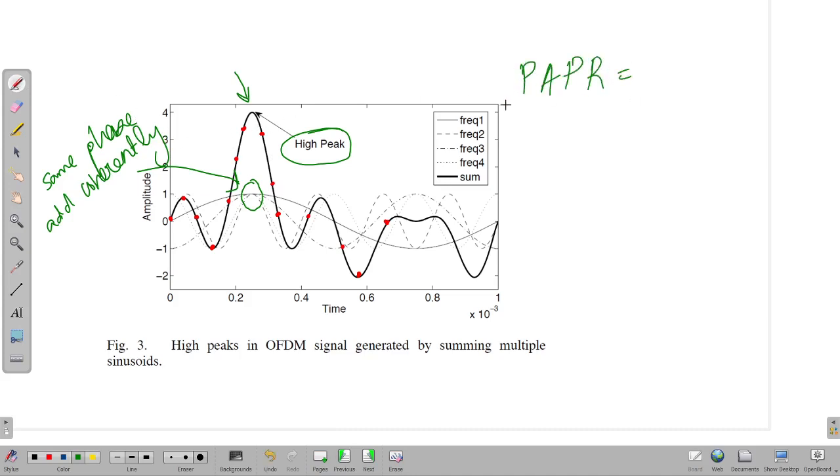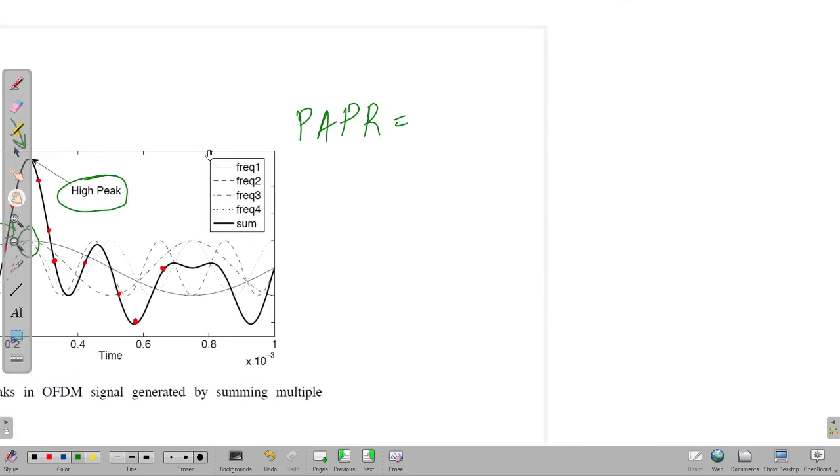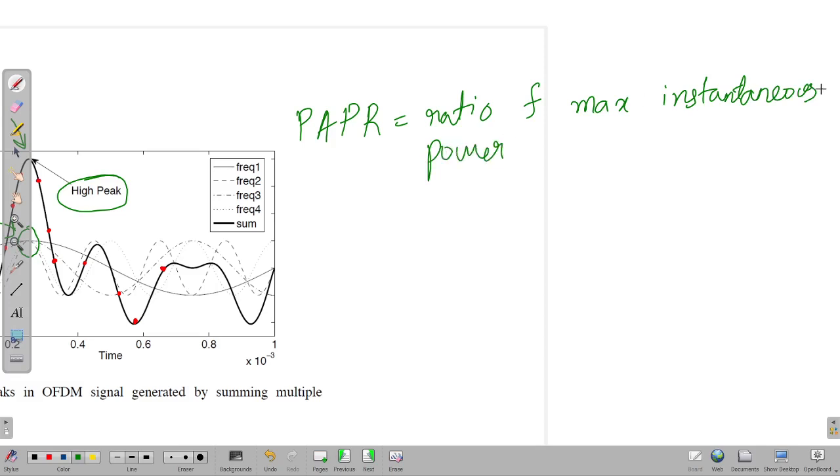PAPR is defined as the ratio of maximum instantaneous power to average power.